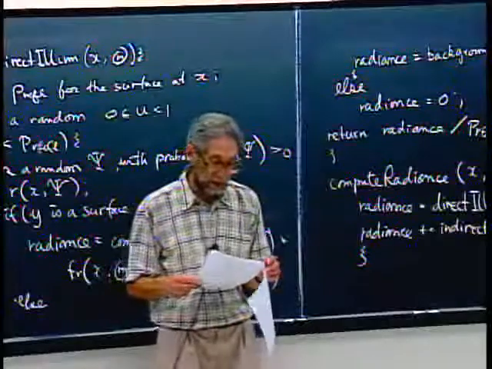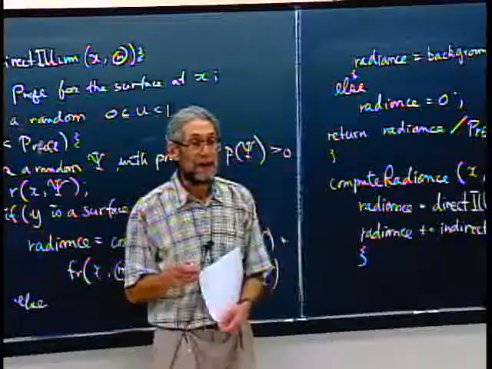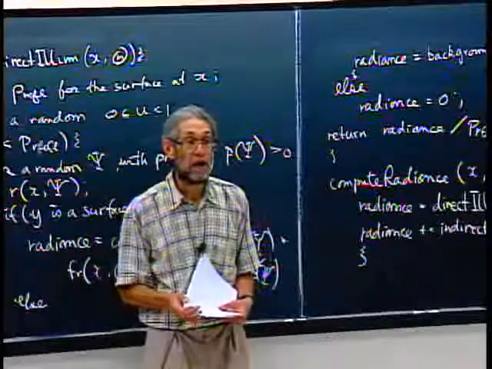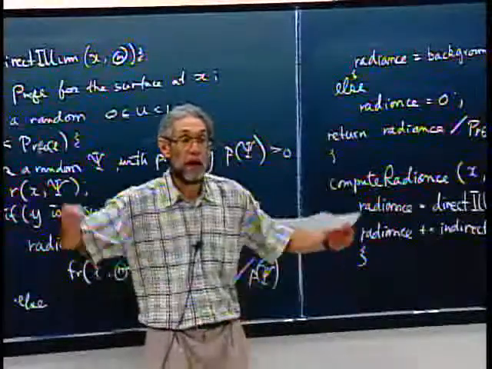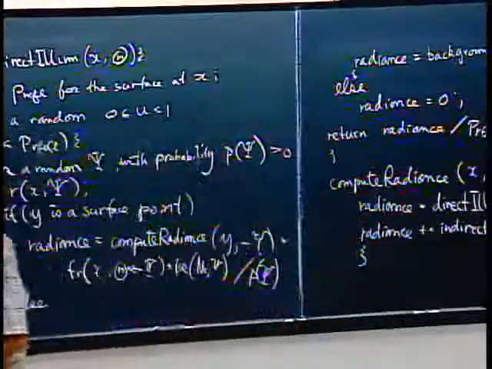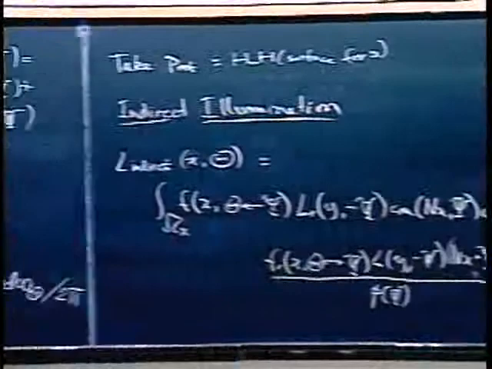Okay, so let's see. Now we're going to talk about sampling strategies for the indirect illumination, indirect light coming in, not from light sources. So you could sample it over a hemisphere.